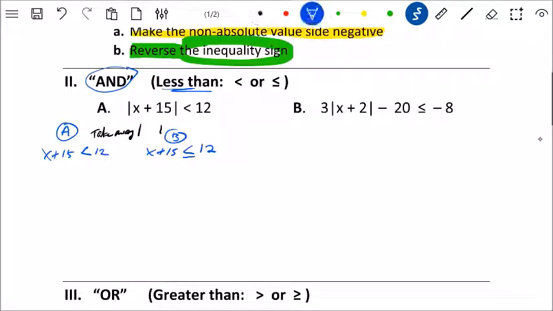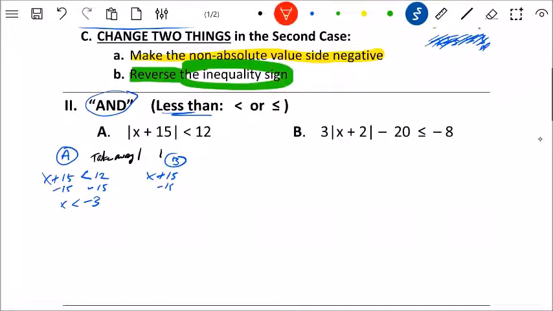Now I'll finish this. Minus 15, minus 15. x is less than negative 3. And here I'll subtract 15. Oops, I forgot to put the minus here when I did that. In fact, let's come back for a minute because I wrote that too fast while I was talking.